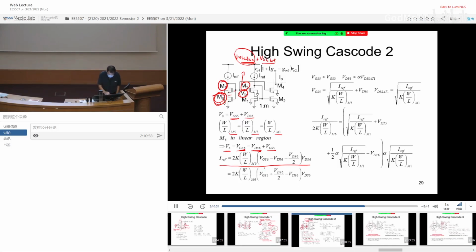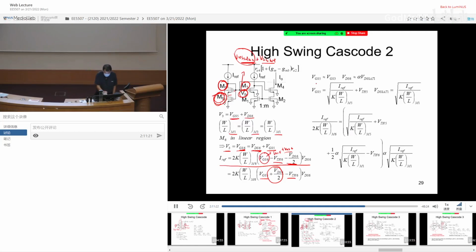And then you know that your VGS6 is actually given by VGS5 plus VDS6. But this VDS6 subtracts away this guy, so you end up having 2 VDS6 over here. And the threshold voltage is the same.